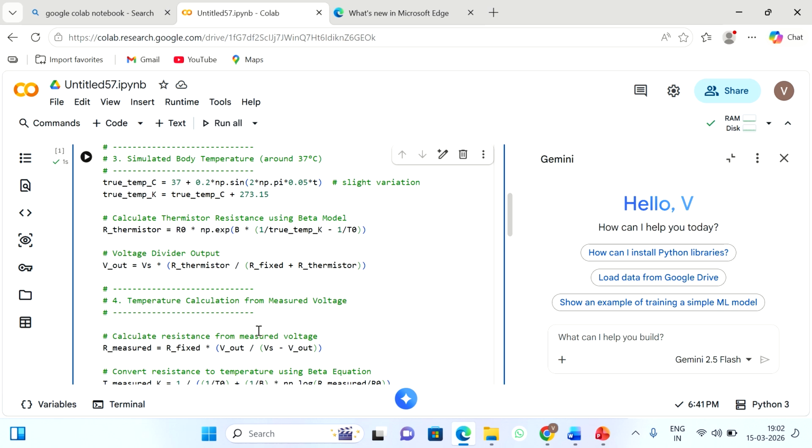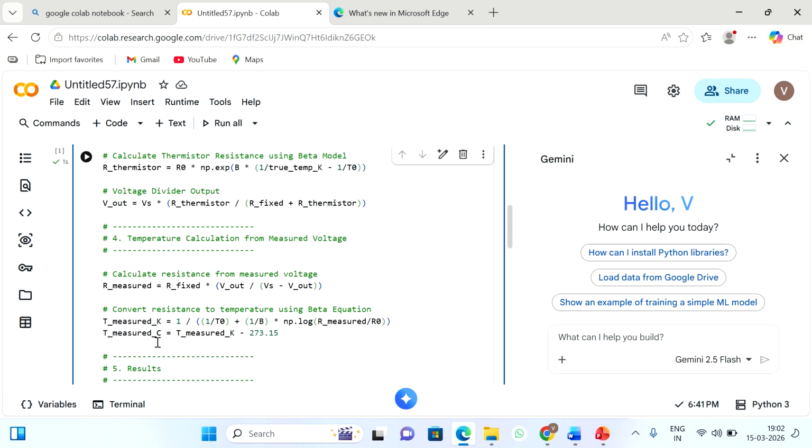Second step, we have to convert the resistance back to temperature. So T_measured in Kelvin is equal to 1 by T naught plus 1 by B multiplied by log R measured by R naught, and this is the inverse of the beta equation.